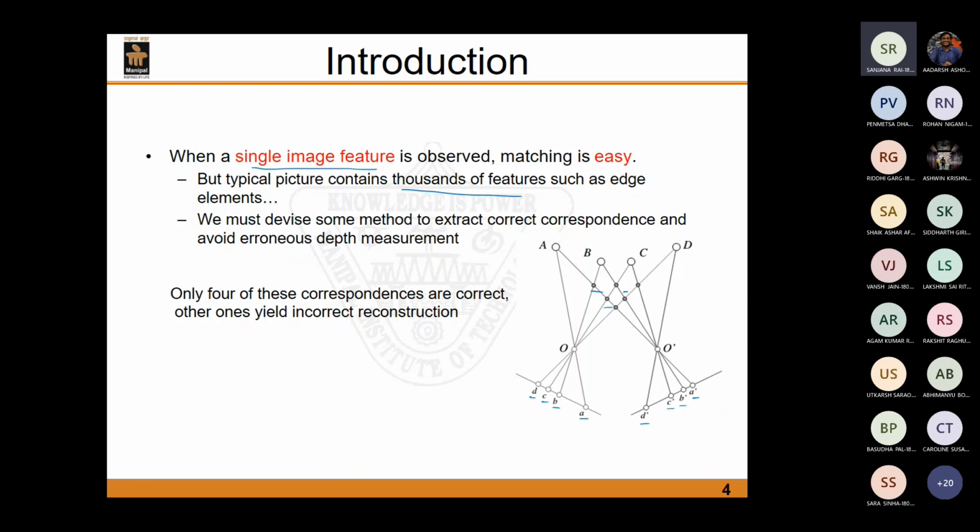If we follow the principle of pinhole camera model projection, we back propagate all the lines as shown over here, and we get these multiple points of intersection, right?